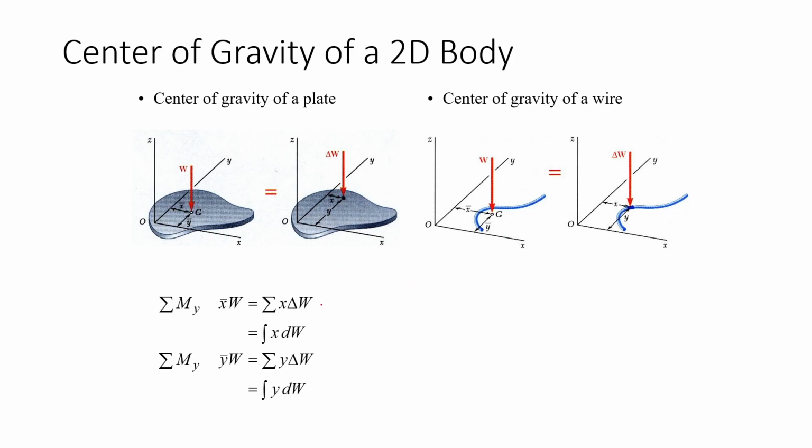Okay, so this formula is coming from physics. This bar x times the weight will be the total weight of the material. Then the summation of bar x with respect to the multiplication of the materials.